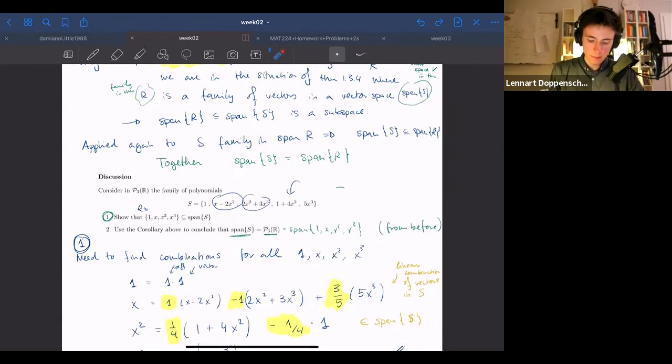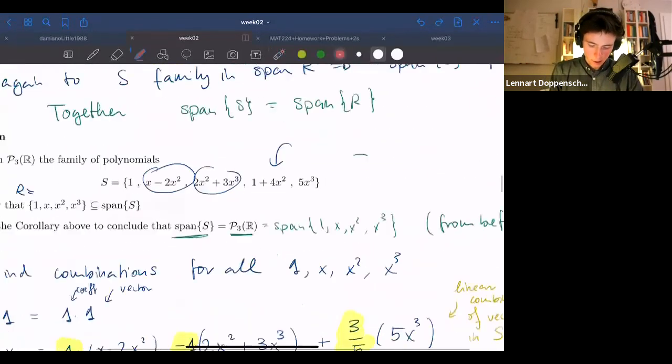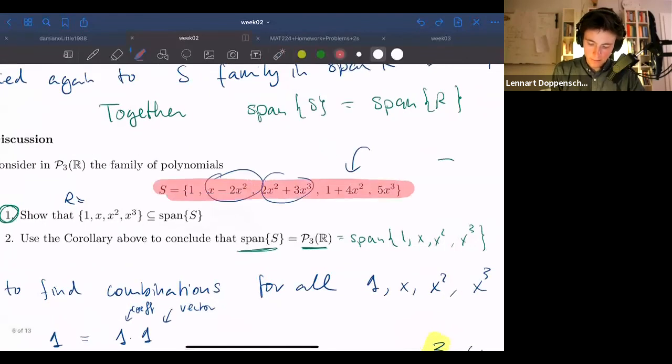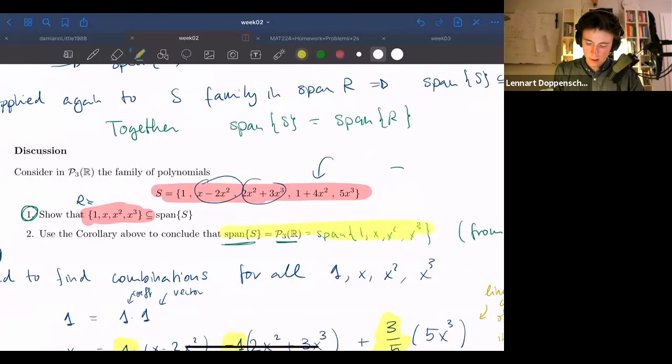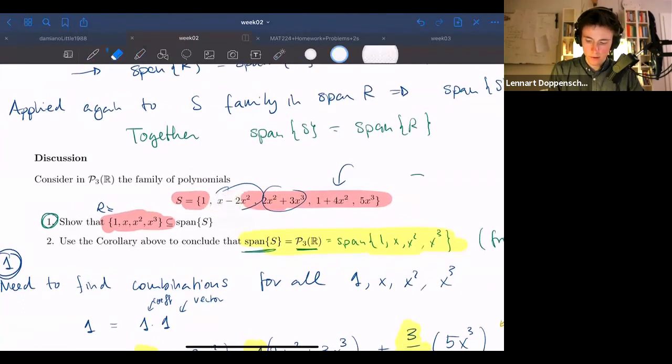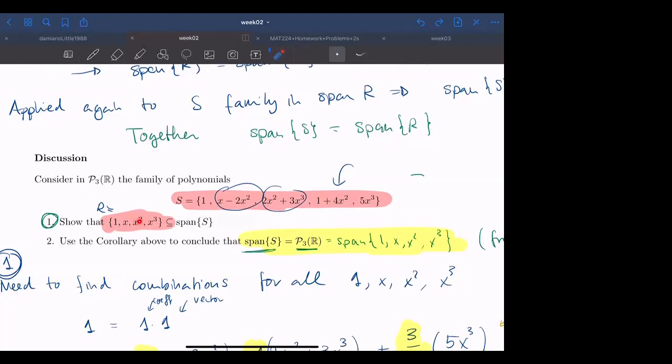So this means we have two families, this one and this one. The span of them is both P3R. But yet the families have different elements. For example, x minus 2x squared is an element in the span of this, but not in the family of this. So the families are different, but they have the same basis, actually.